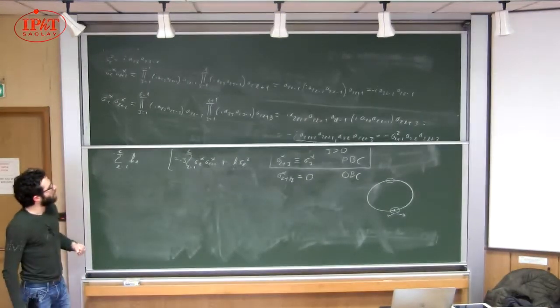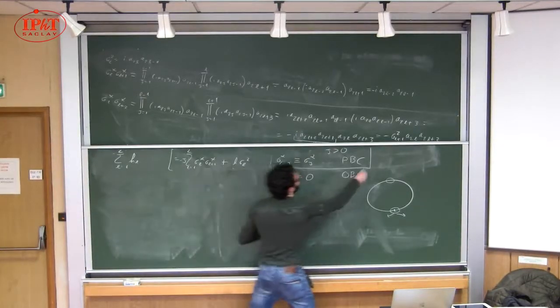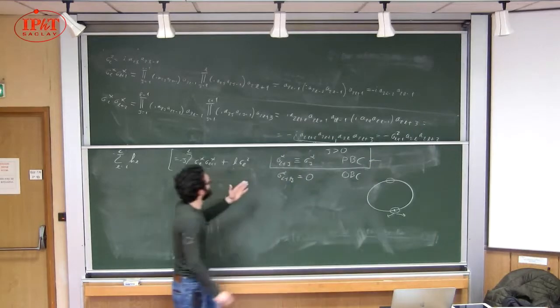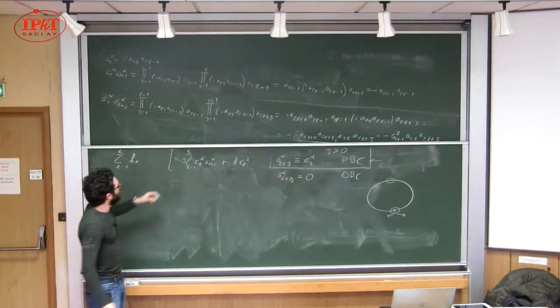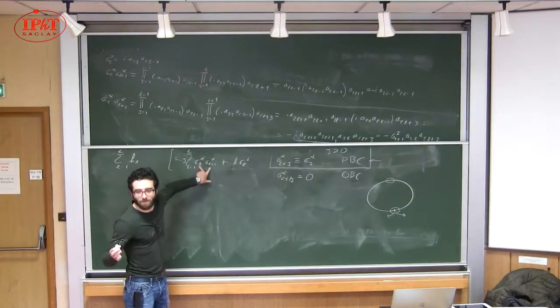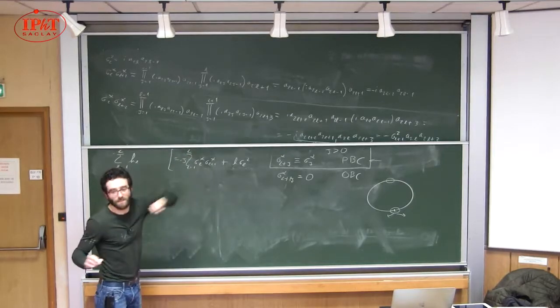Okay, so now we consider this, and then let's see what happens when we apply this Jordan-Wigner transformation. All the terms that are in the bulk, there is no problem there. We can just do the calculation as we did before.